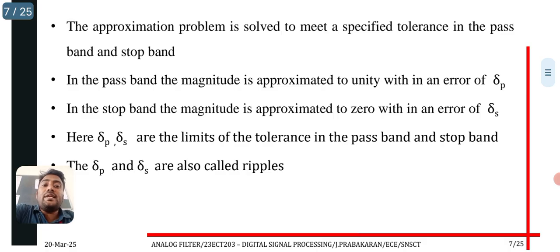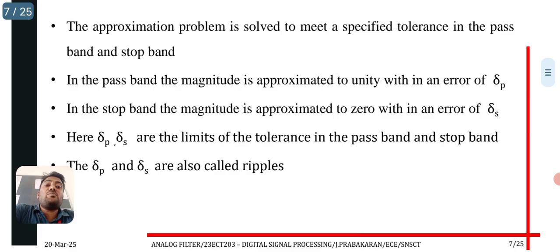Del p and del s are nothing but the limits of tolerance, del p in the pass band and del s in the stop band. The pass band magnitude is approximated to unity with error del p. Alpha p is the attenuation of the pass band.